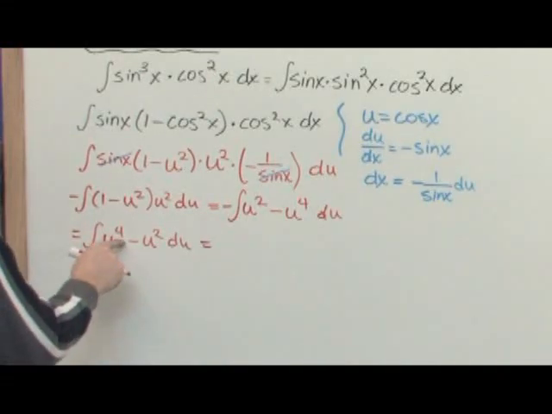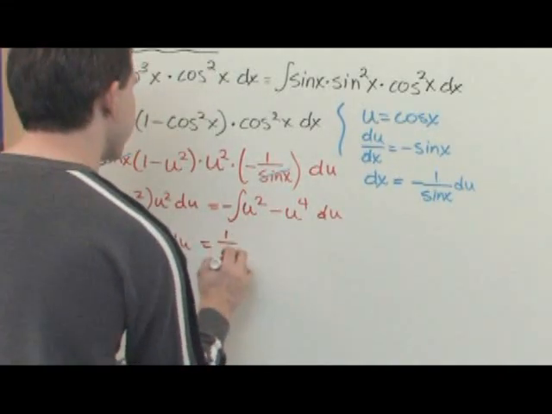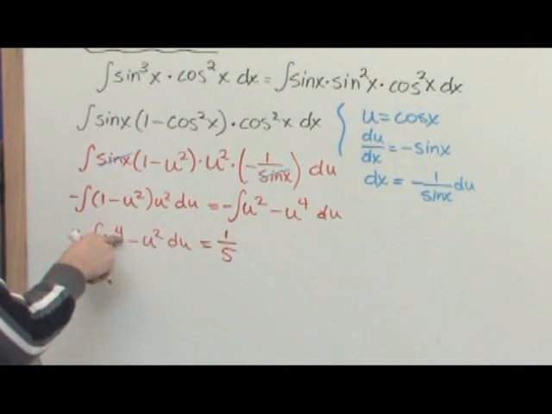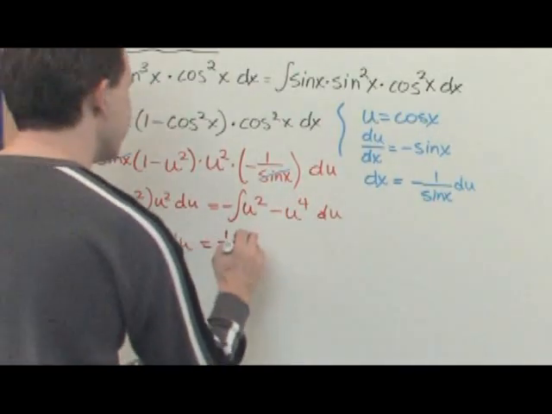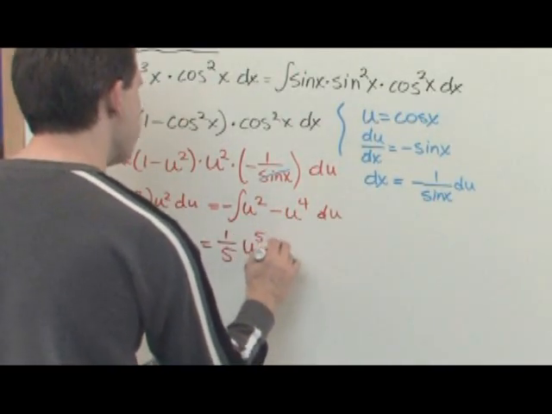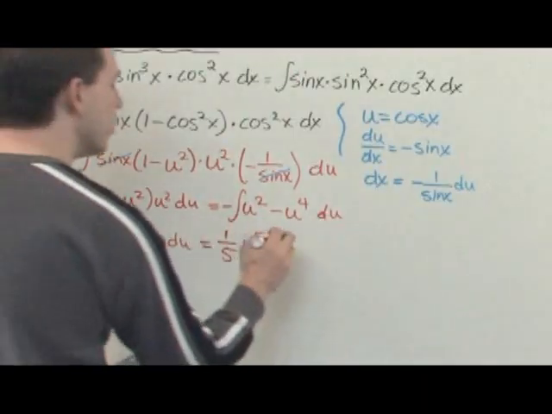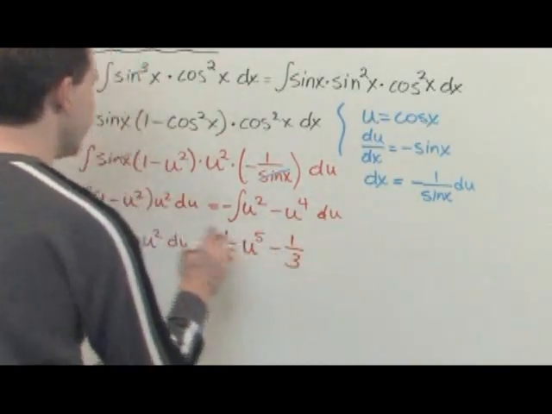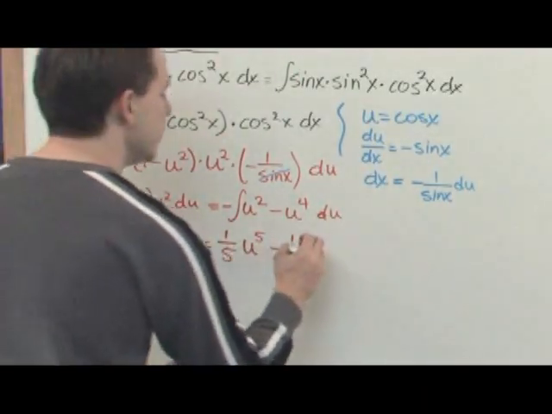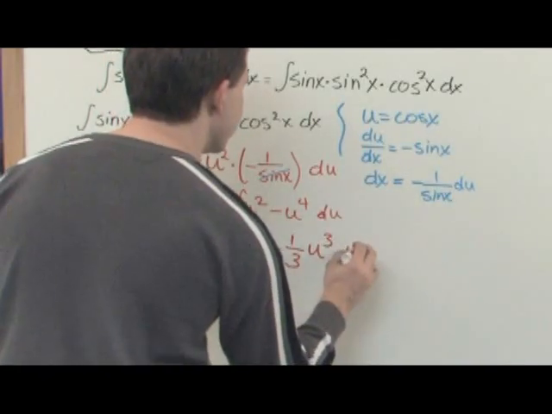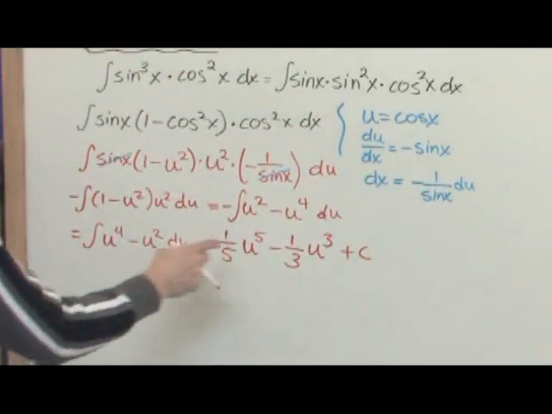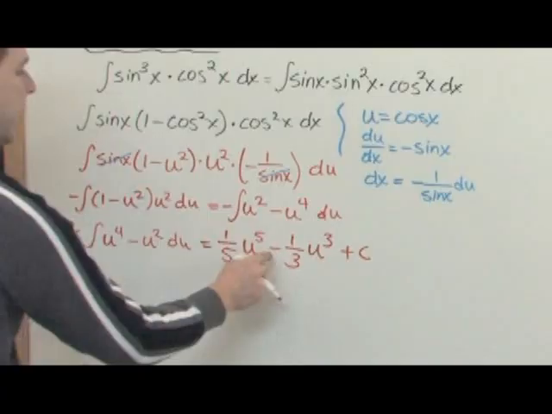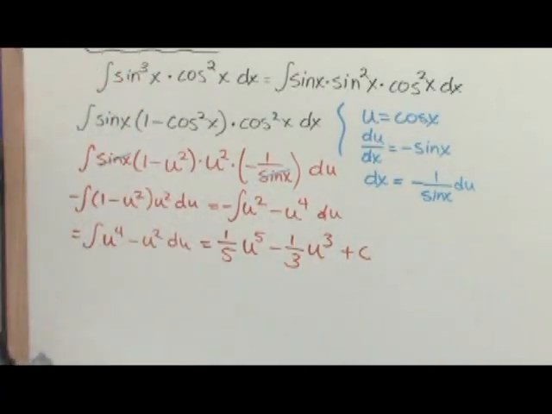The integral of u to the 4th power is 1/5, 1 plus the exponent, 4 plus 1 is 5, 1/5 u to the 5th power minus, this one is going to be 1 over exponent plus 1, 2 plus 1 is 3, u to the 3rd power plus a constant. So I have the answer, 1/5 u to the 5th power minus 1/3 u to the 3rd power plus a constant.